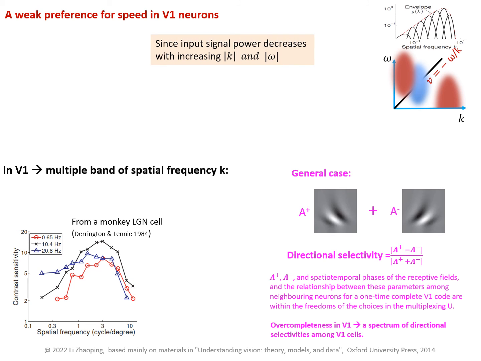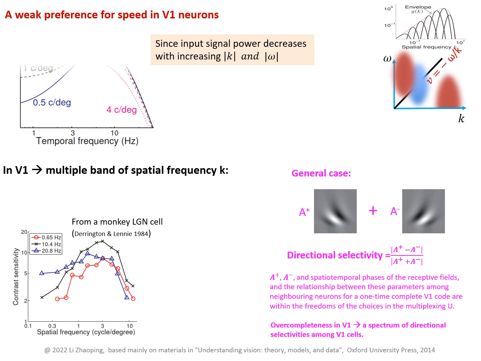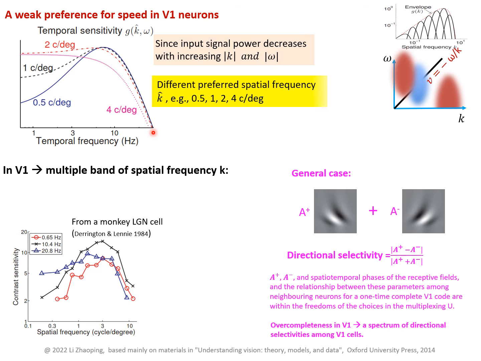This is expected from the gain control prescription for input signal powers that decrease with frequencies, so that it should give these kinds of temporal sensitivity curves, with sensitivity versus temporal frequency, and each curve is for a different spatial frequency. For example, if you take a spatial frequency of 0.5 cycle per degree, this is the blue curve.